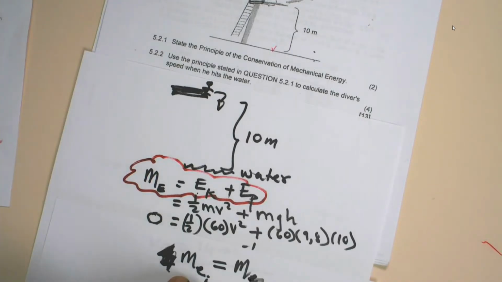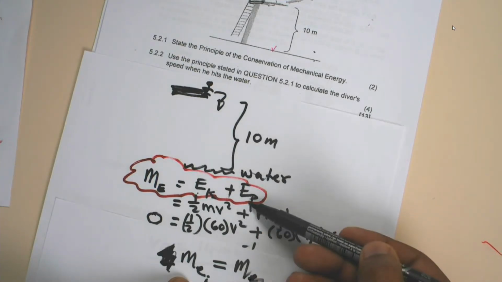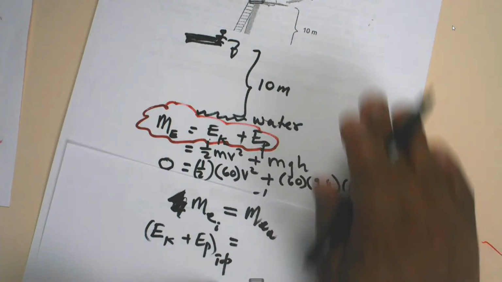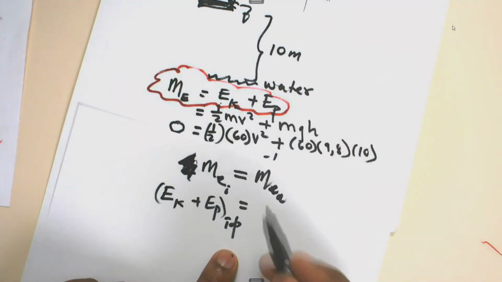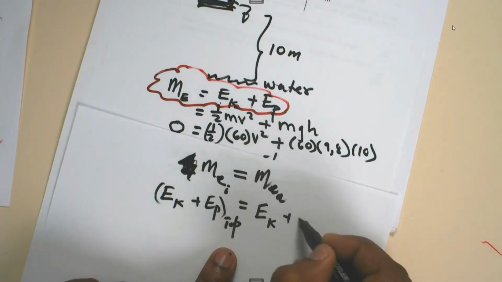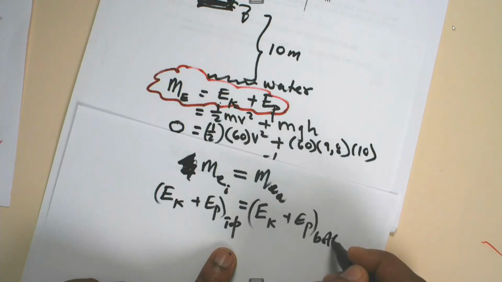But what is this mechanical energy? It's the sum of EK plus EP. So I can easily say EK plus EP initially, or even at the top, let me write it at the top, is equal to the EK plus now EP at the bottom.